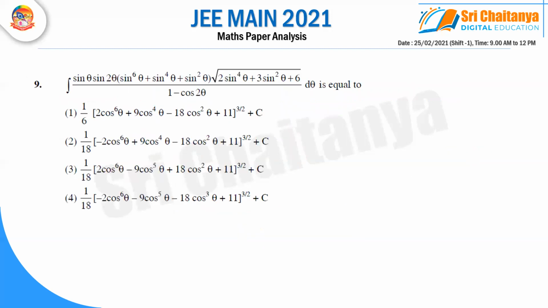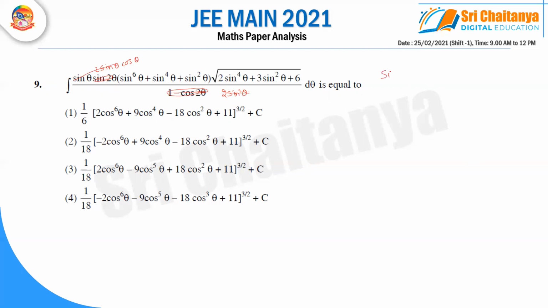Next, here he gave sine 2 theta and sine theta terms. So what I'm doing is putting 1 minus cos 2 theta as nothing but 2 sine square theta, and I will write sine 2 theta as 2 sine theta cos theta. So basically, my 2 sine square theta terms got cancelled, and cos theta d theta is there.